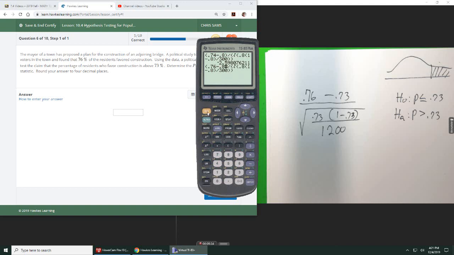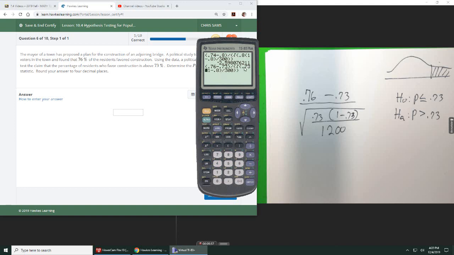I have to do second, and then the delete button for insert will allow me to add a value. So I can add that 3, and then I can arrow over and change this to a 7.